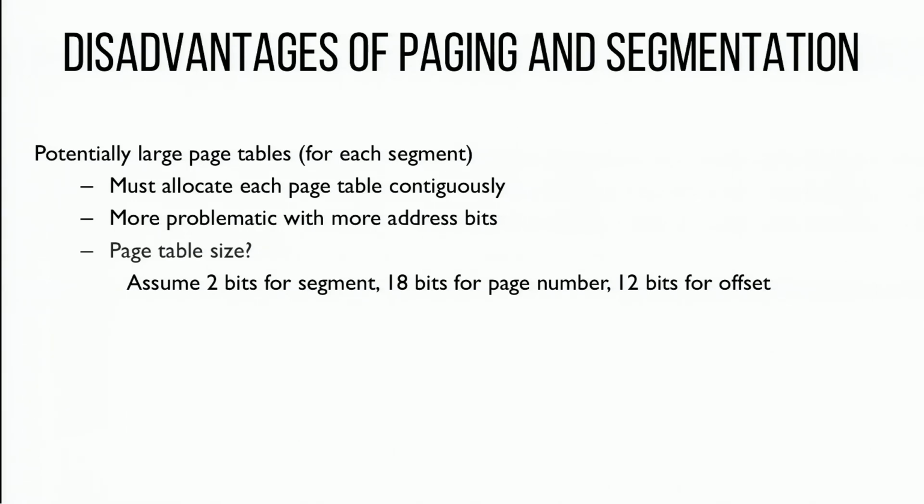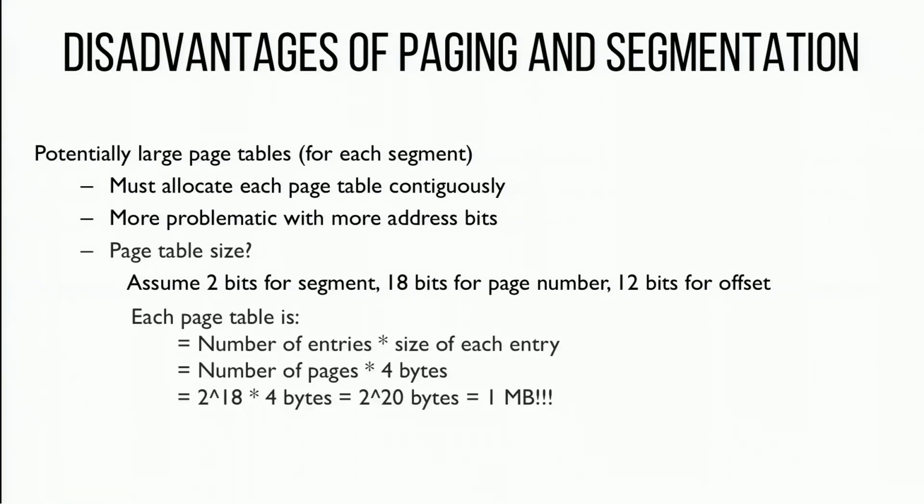So for example, if we have a 2-bit segment, 18 bits for the page number, 16 bits for the offset, and I tell you that each entry takes up 4 bytes, you can figure out how many pages we have, 2 to the 18 within this segment. It's still a 1 megabyte page table if we really are using up that whole heap.